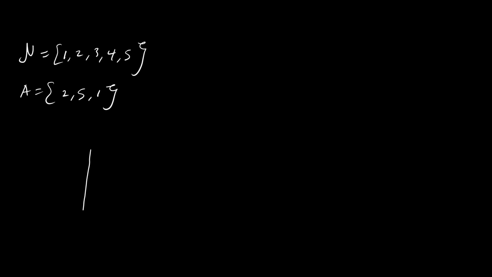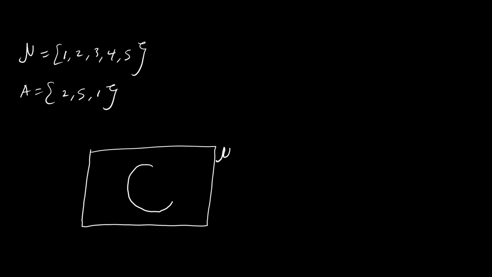So we are going to draw a rectangular shape, and since we are considering only one set, whatever is inside this rectangle is part of the universal set. So we mark this rectangle as the universal set. And here, we put a single circle inside the rectangle, and we mark this set A. All the elements that we have here, we bring into set A, which includes 2, 5 and 1.